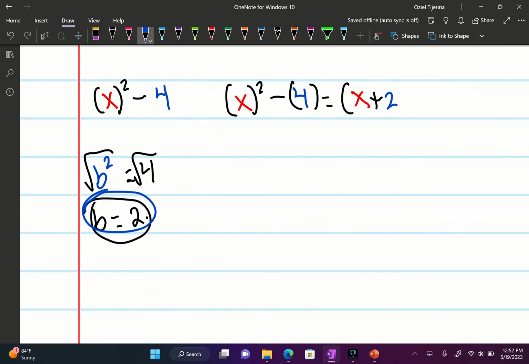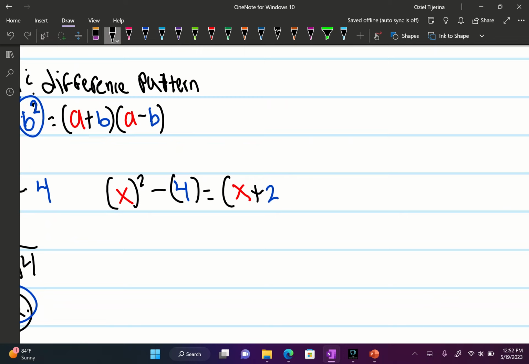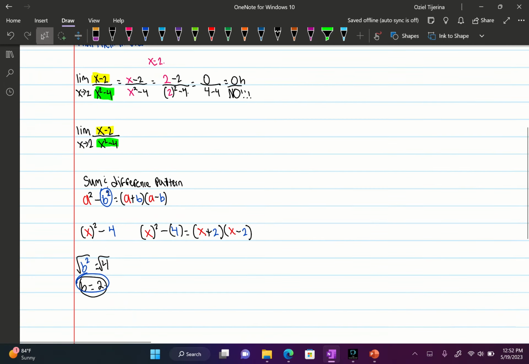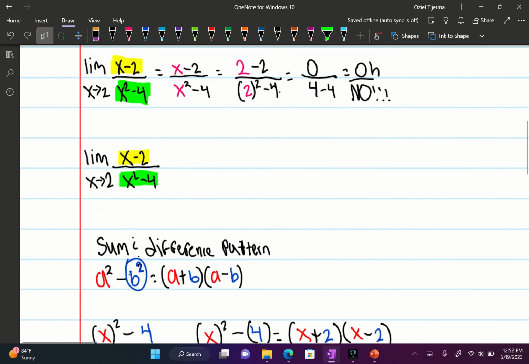B was 2, right? And then times the quantity x minus 2. Now this is really what we get for this.